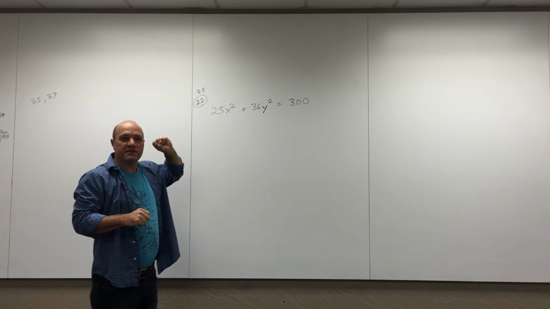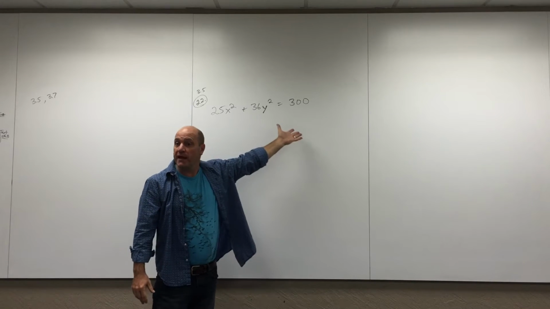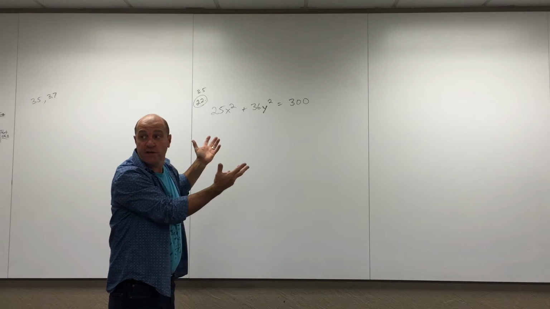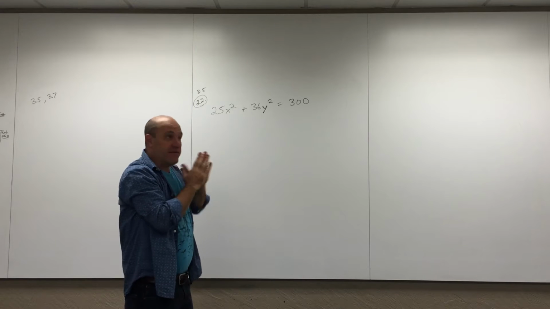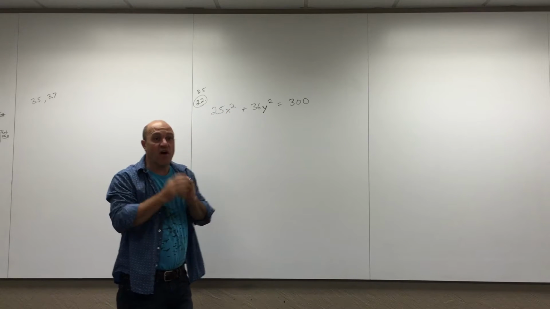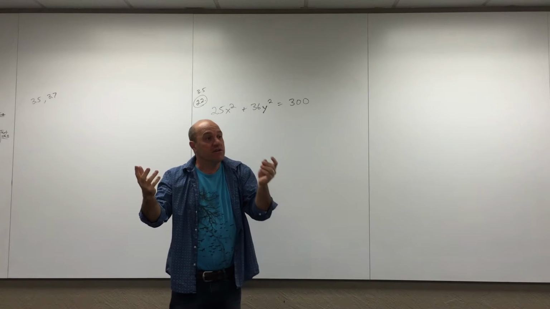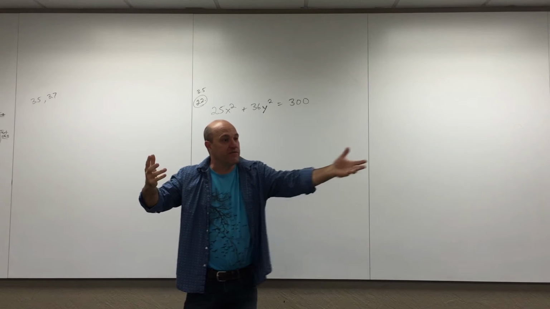We can deal with these new implicit relationships, where the x's and y's are all mixed up in the equation. That's new. Prior to this, we were dealing with functions. Y was a function of x, so we always had y explicitly written as a function of x: y equals a bunch of x's.